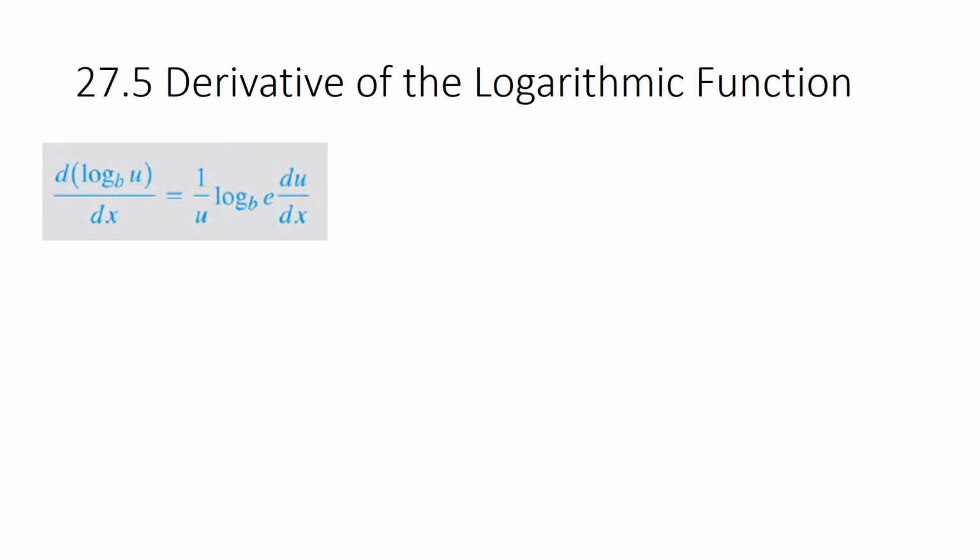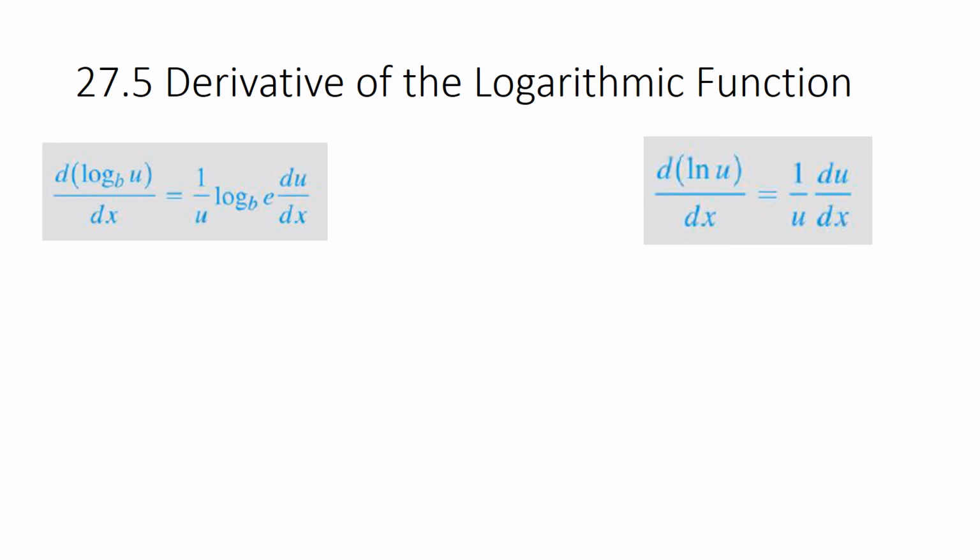So if u is simply the letter x, then the derivative of the logarithm of x is equal to 1 over x multiplied by the logarithm of e. That's kind of a weird answer. Where did e come from? Well, we'll see in a moment that if the base of the logarithm is e, which we sometimes call the natural logarithm, then the derivative is much, much simpler.